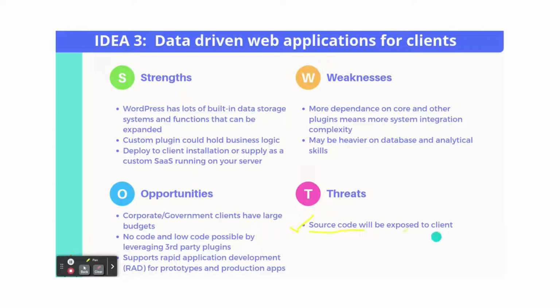But if you decide to deliver this as a SaaS, software as a service, then that runs on your side and you could have less of it exposed. So those are just some things to keep in mind when you're looking at more of a data-driven web application as a product or a basis for a business.